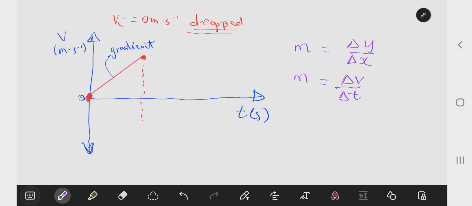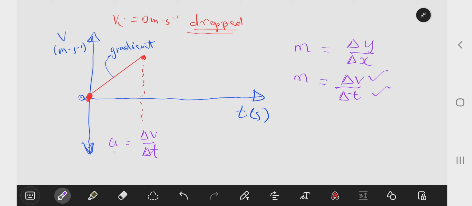So the gradient is change in velocity over change in time. From the definition of physics, the change in velocity per unit time, by definition, is what we call acceleration, okay? So acceleration is the change in velocity per unit time.